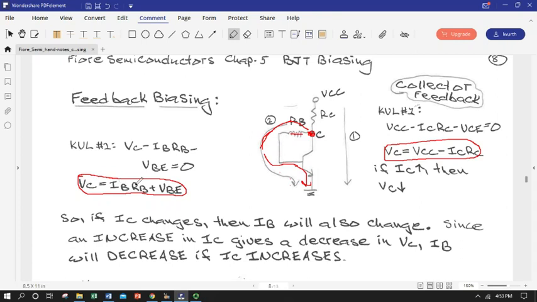Base resistor isn't going to change, that's a solid resistor. The base emitter junction voltage is not going to change, it's a characteristic of the transistor. So by the associative law, I can say if collector current goes up, then collector voltage goes down, and because of that, base current goes down. Remember, collector current is related to base current by beta. So I now have what's effectively a negative feedback loop.